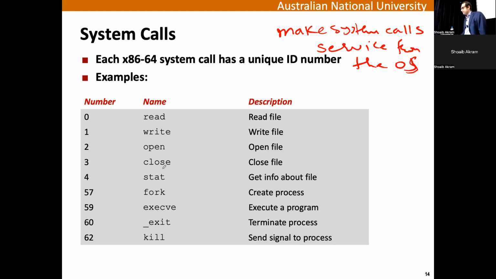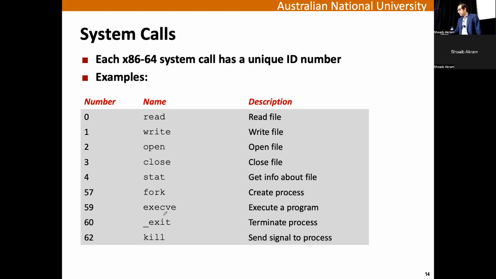Here, stat. Fork is used when a program is running and it needs to create a new instance of itself or of a different program, we use the fork system call. Kill, exit. So you will see these names, and you can use the name of the system call from your user program to get some service.